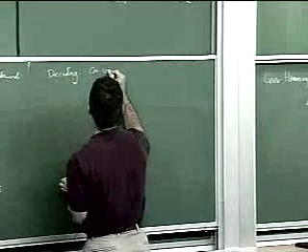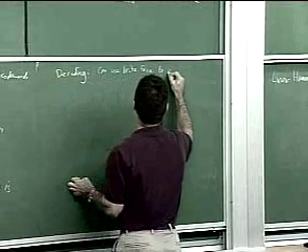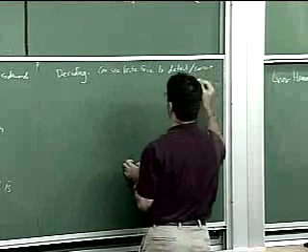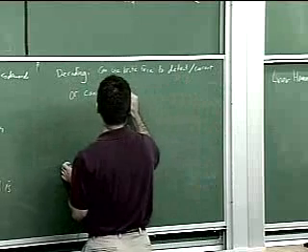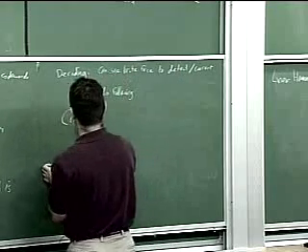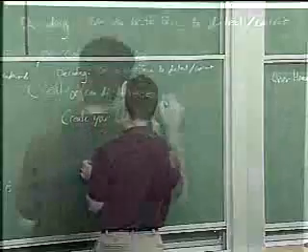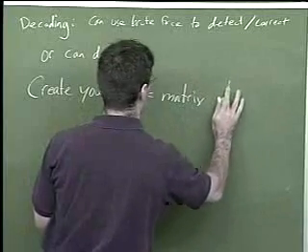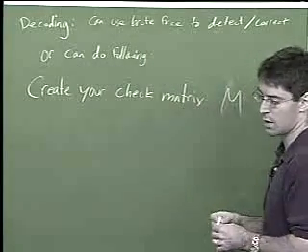Okay, but there's an easier automated method, which uses something called a check matrix. You can use brute force to detect or correct, or it can do the following. Create your check matrix. Let's call it H. No, let's not call it H. Let's call it M. Okay?